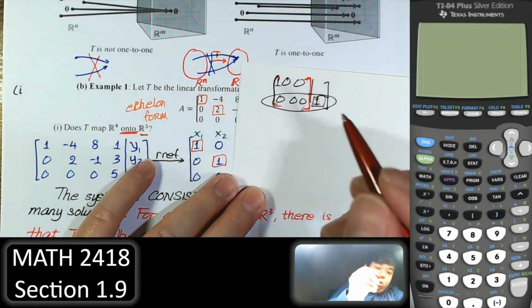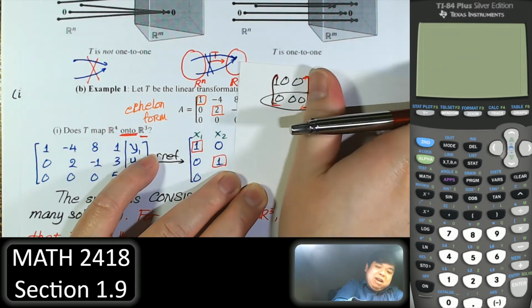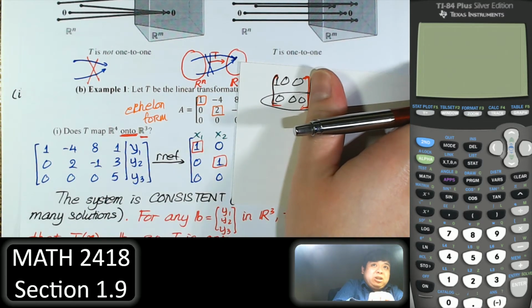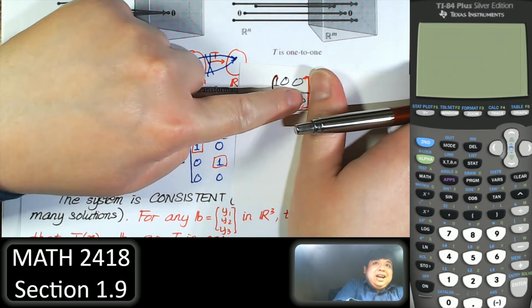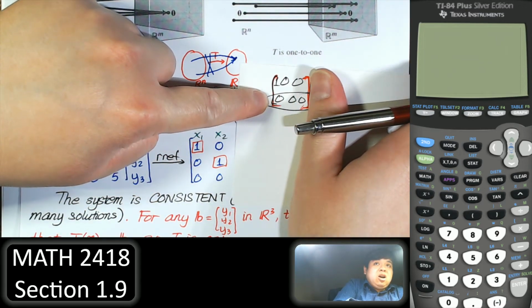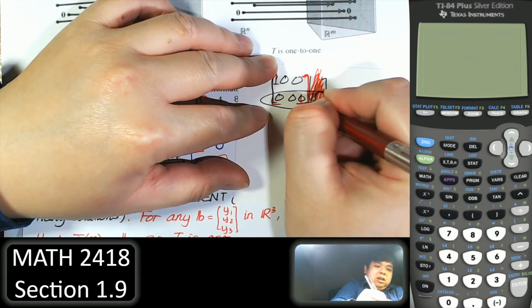So if we only focus on the matrix, we don't have that. In this case, this row does not have a pivot, so potentially that could be no solution, right? If we have a one here, doesn't matter.